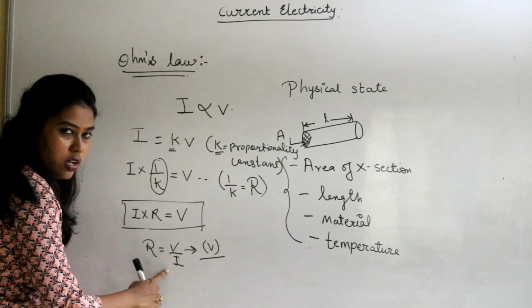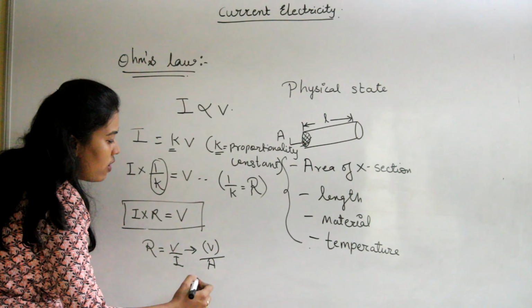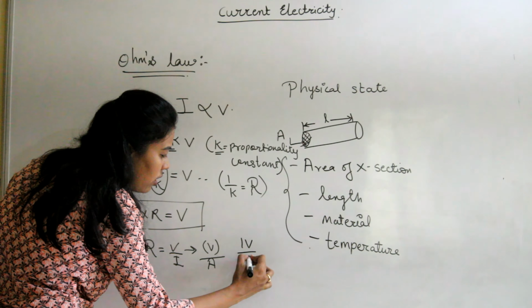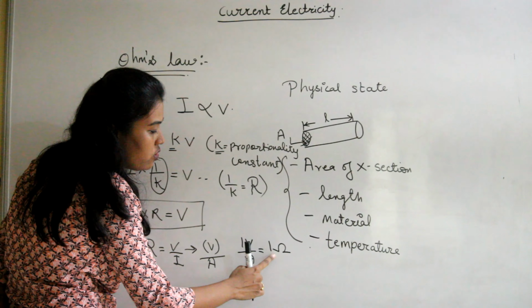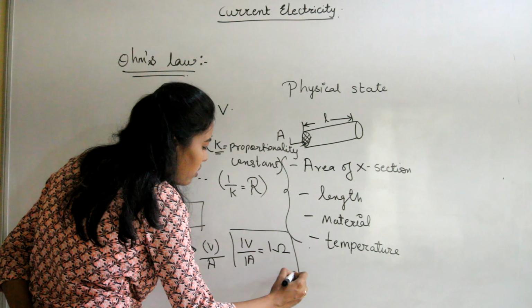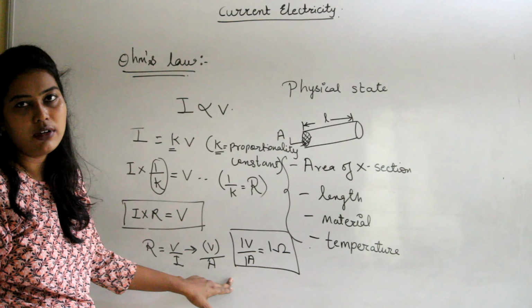Current is measured in amperes, right? So 1 volt upon 1 ampere is equal to what? Resistance is measured in ohms, right? So 1 volt upon 1 ampere gives you 1 ohm. So this is the basic definition of 1 ohm. You can define 1 ohm as 1 volt upon 1 ampere.